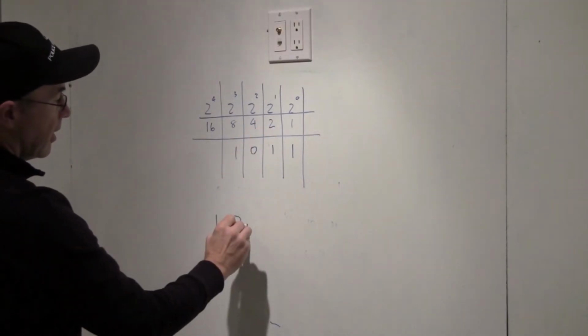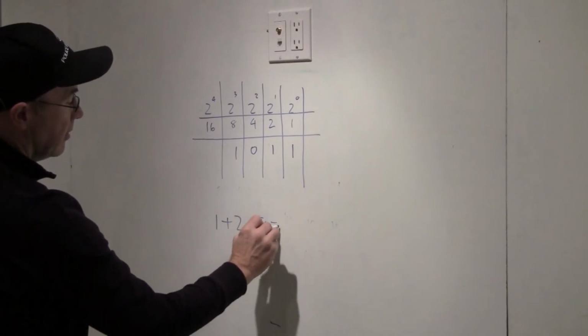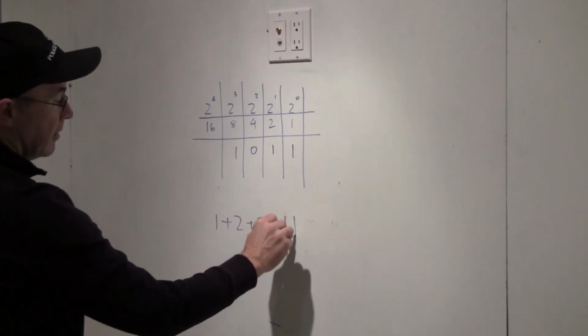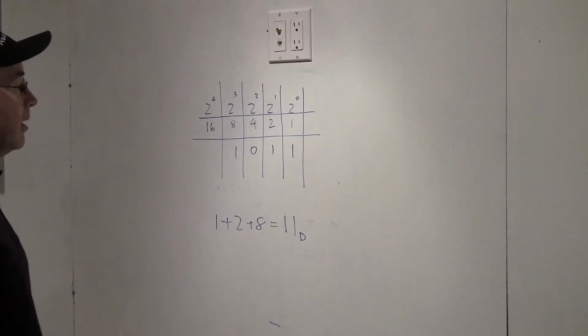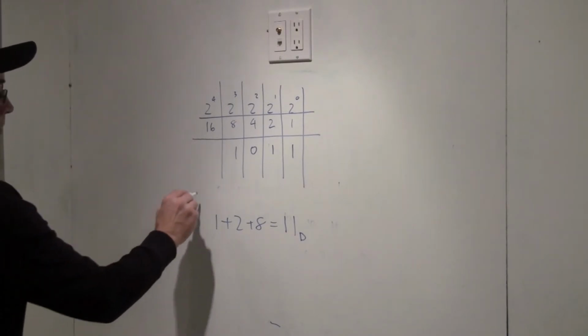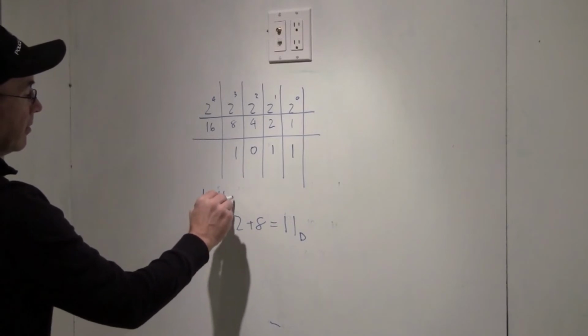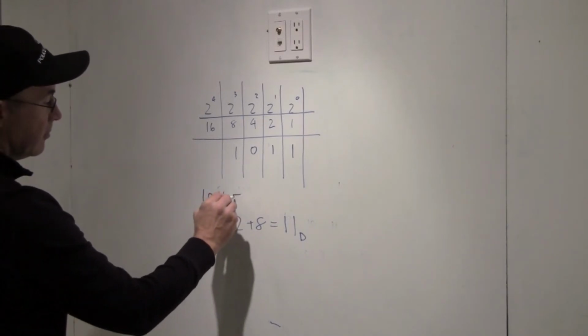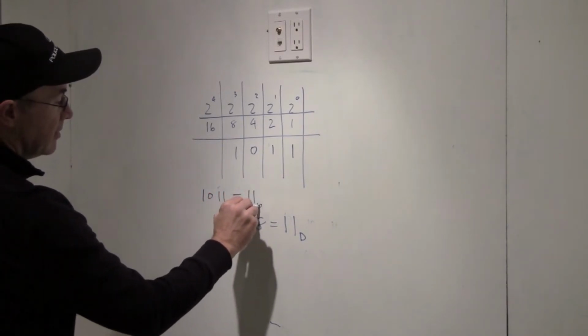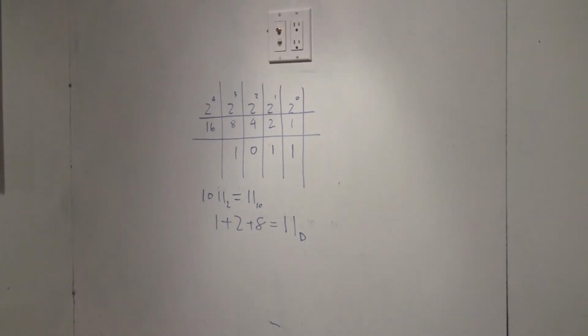There's nothing in the fours column, there's an 8. So that would be 11 in decimal. So 1011 in binary, I'll put a 2 down there for base 2, equals 11 in base 10. So that's fairly simple.